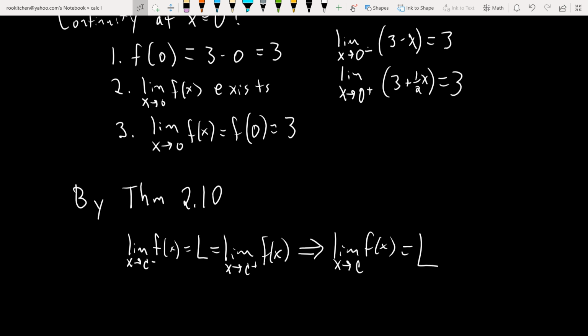So f of 0 above was 3, and then our limit was 3.